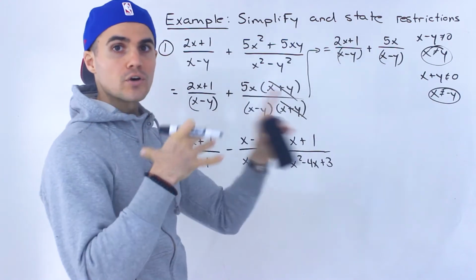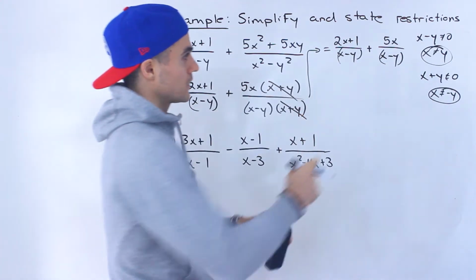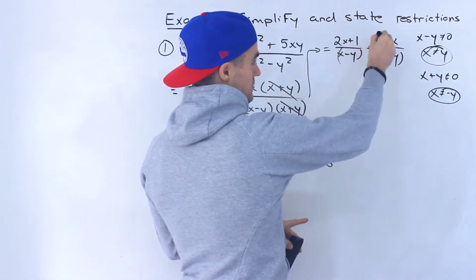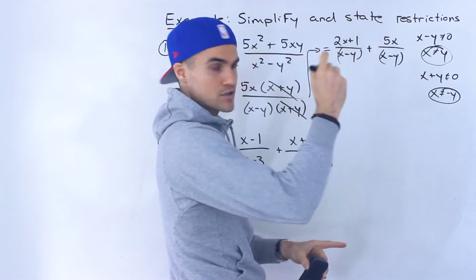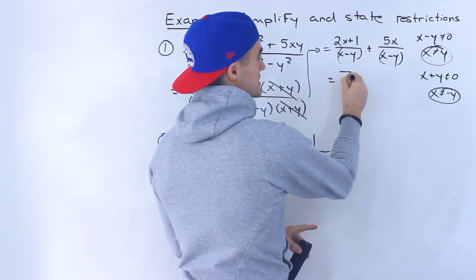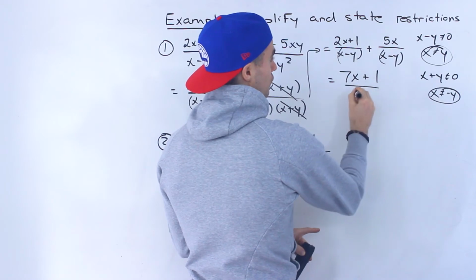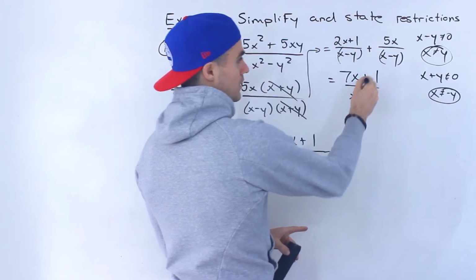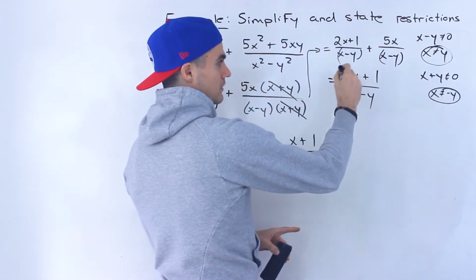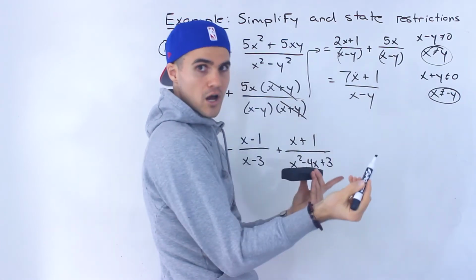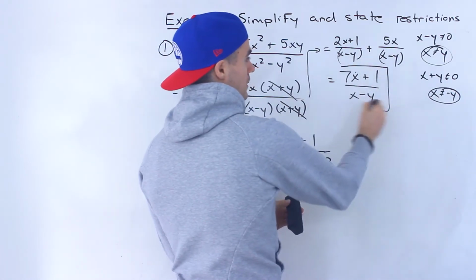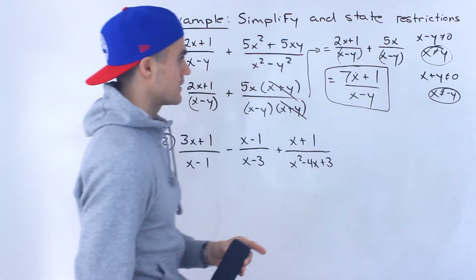So we don't have to worry about getting a lowest common denominator. We can just add these two terms. 2x plus 1 plus 5x. The 2x and the 5x are like terms. So we would end up with 7x plus 1 over x minus y. You want to check if anything factors here. Nothing in the numerator or denominator can factor further. So that ends up being the final answer.